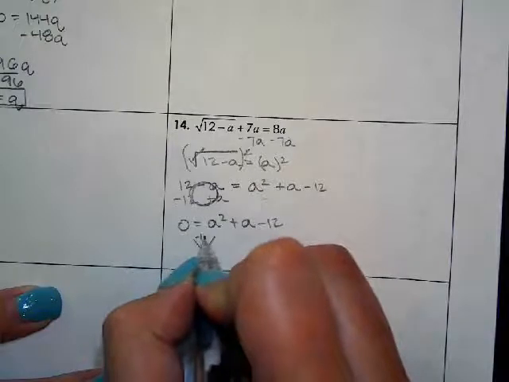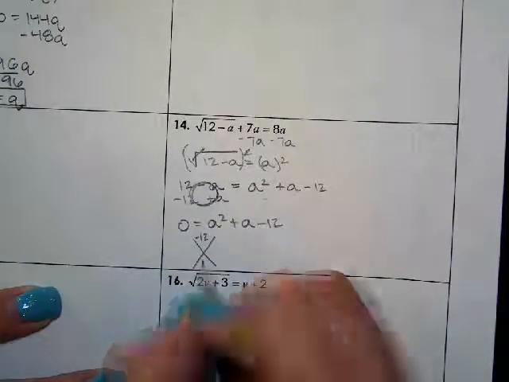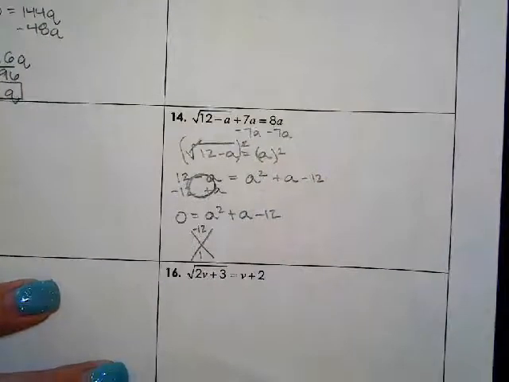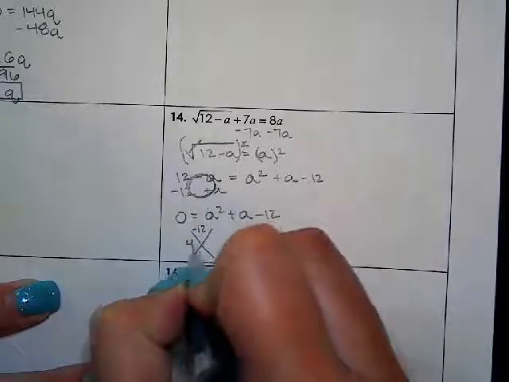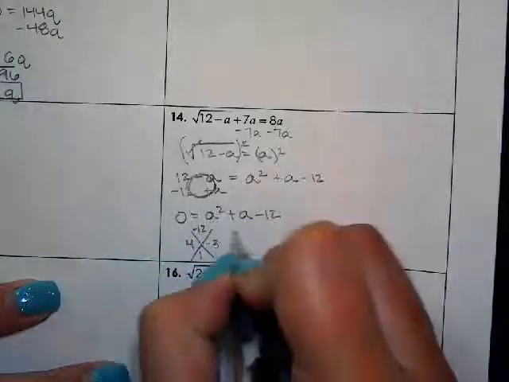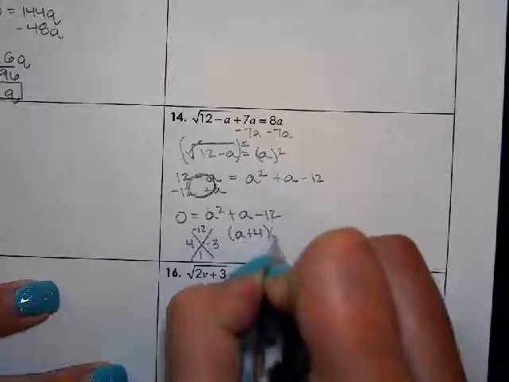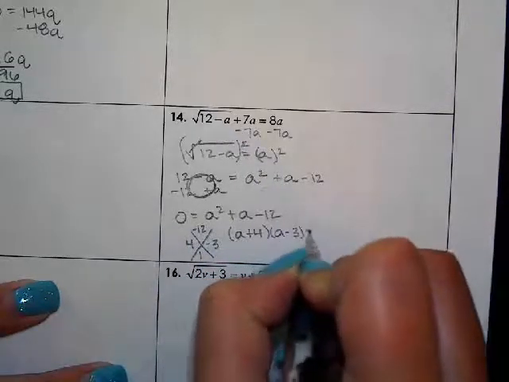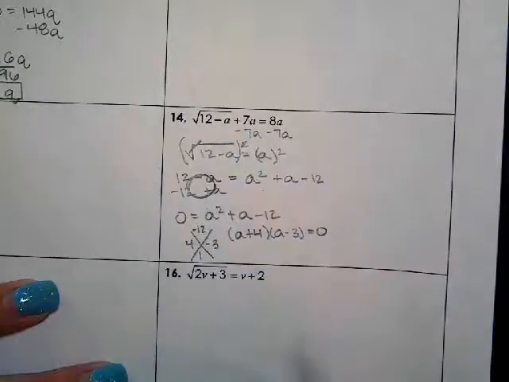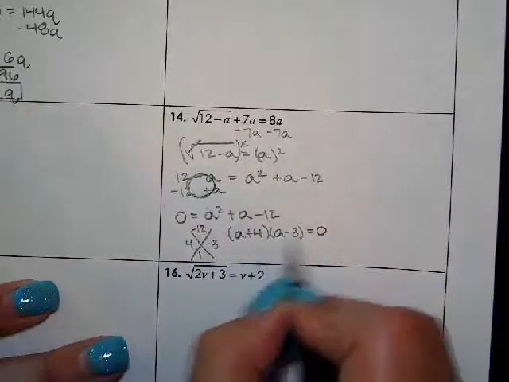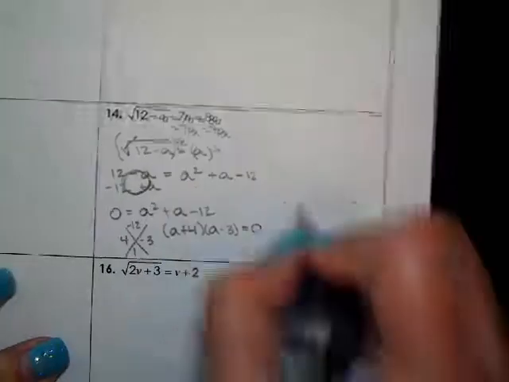Those two numbers are 4 and negative 3. So my factors are a plus 4, a minus 3, which means my two answers are a equals negative 4, a equals positive 3.